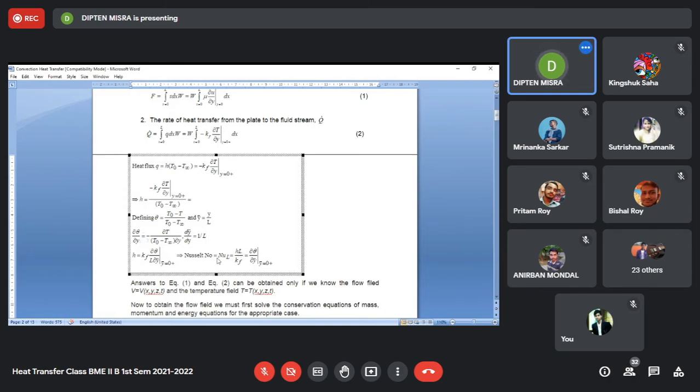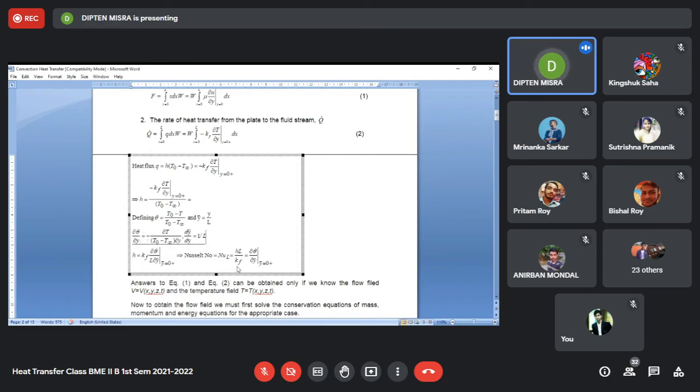This is a number that we call the Nusselt number. Nusselt number is given a symbol Nu, and this has a length scale L. Based on that, there is a suffix you indicate. You can write Nu or Nu suffix L given as H into L by K. Now you see this is very similar to another number that we have just come across called the Biot number.